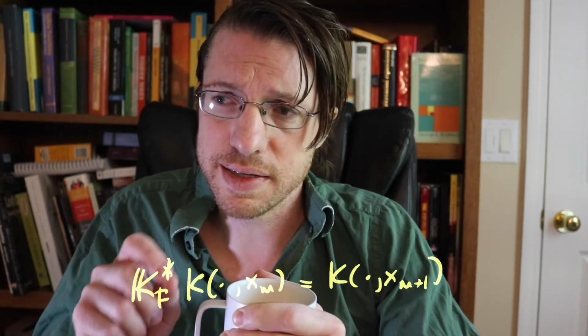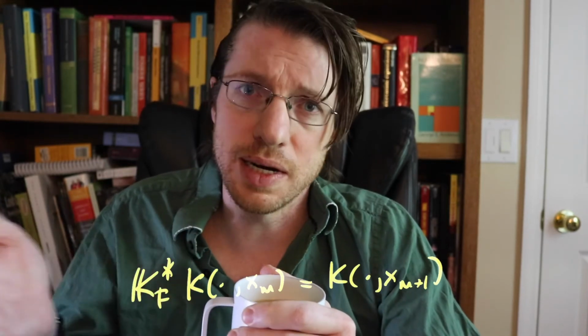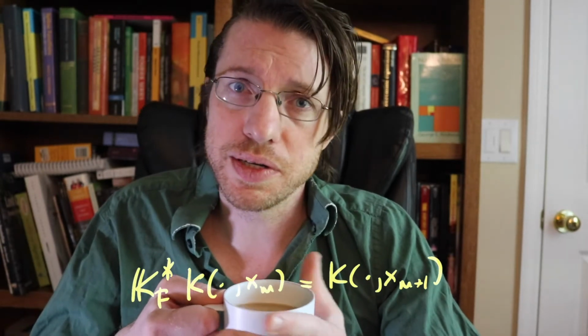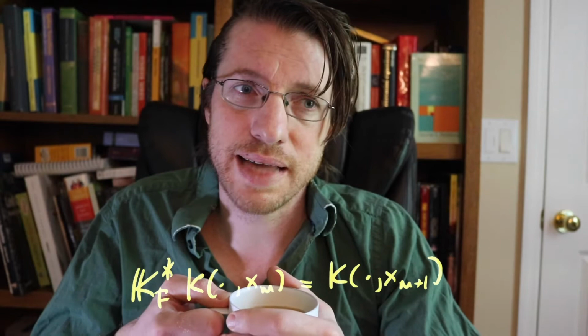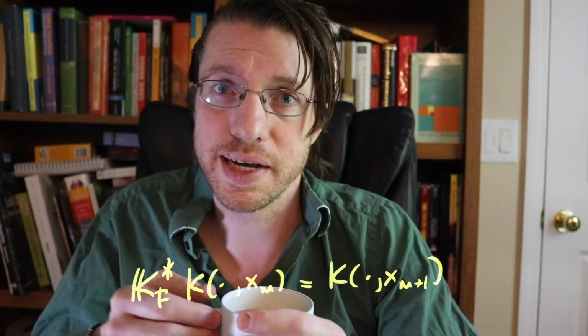The reproducible kernel Hilbert space perspective takes a look at the adjoint of the Koopman operator, and the adjoint of the Koopman operator hitting on the kernel functions themselves basically advances the center of the kernel function, if it's one of the snapshots, to the next snapshot. So you can view the adjoint of the Koopman operator acting on these kernel functions as advancing from one kernel function to the next.